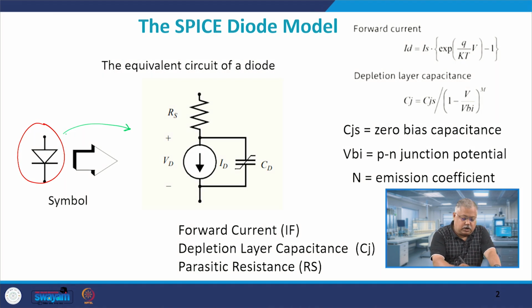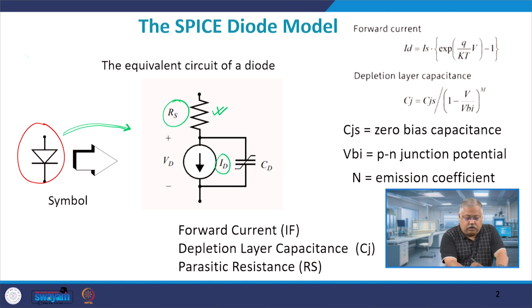And how do you do it? This is the source resistance of the diode itself. Any active device will have a resistance, so that is emulated by this Rs, and then Vd is the voltage across the diode and Id is the current across the diode.